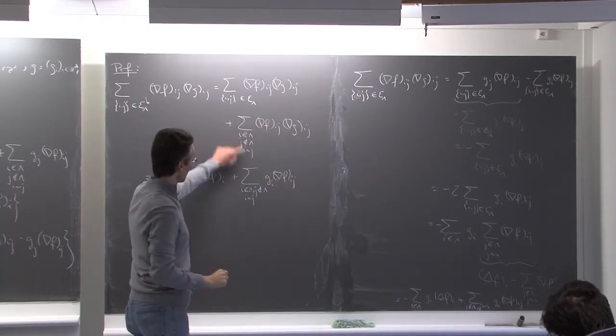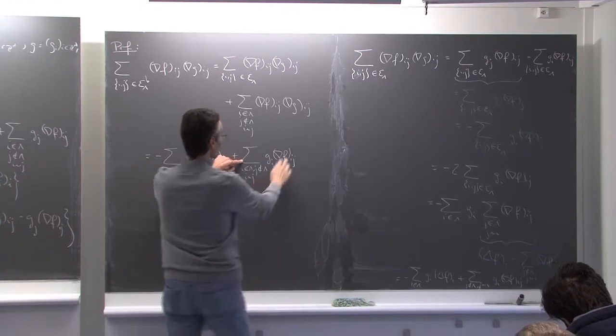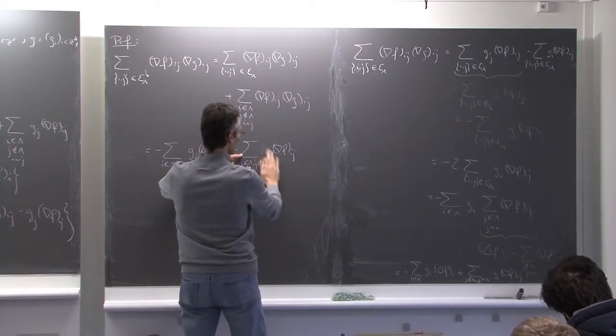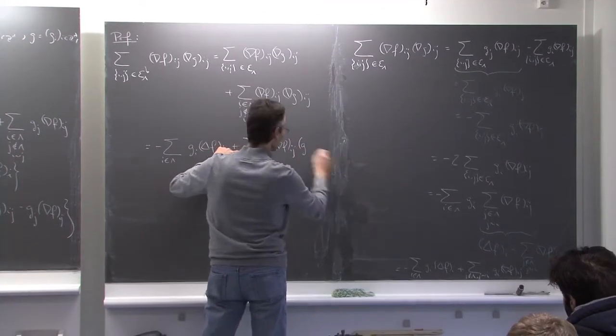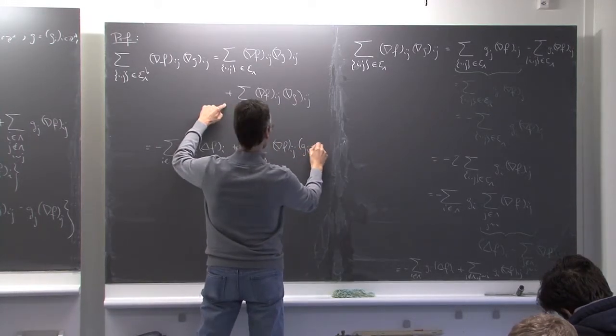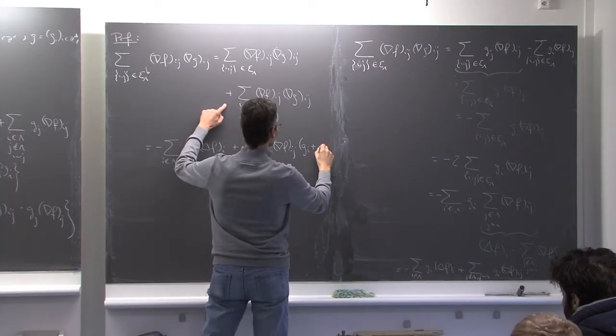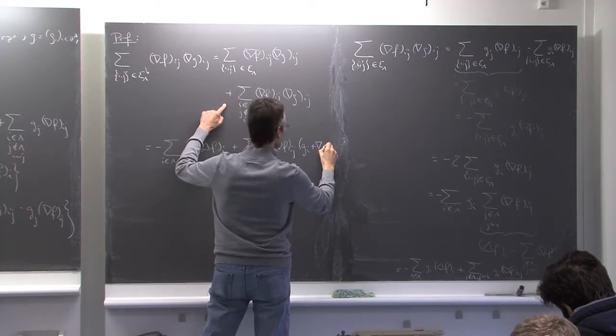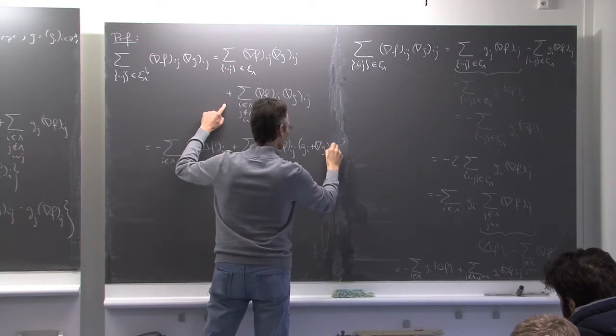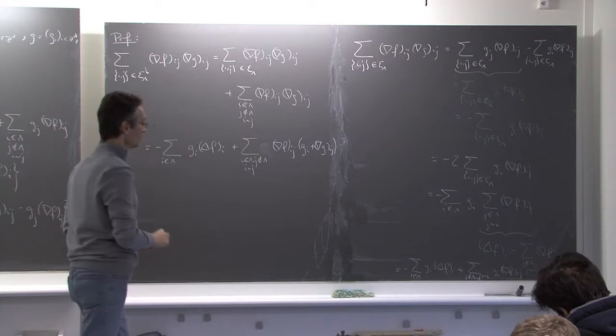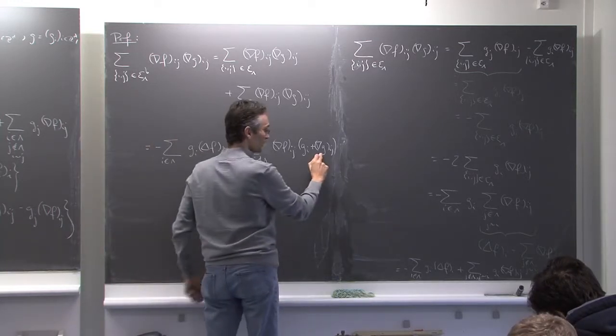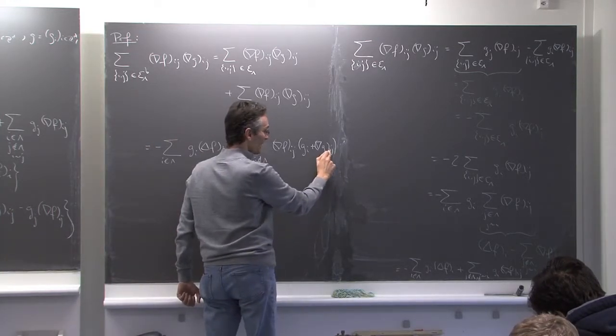If you look, I'm summing over the same things. The gradient f ij is also here, so let me put it together. So I have gi plus, yes, it's correct, gradient g ij. But now what is this thing? Gradient g ij is gj minus gi, plus gi.